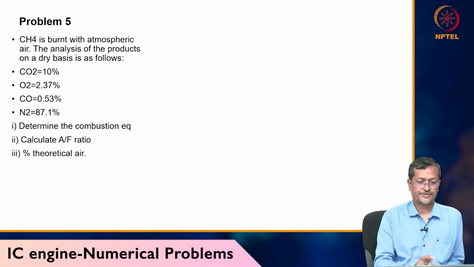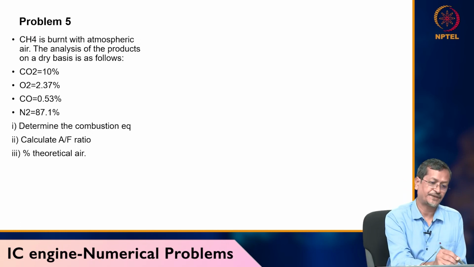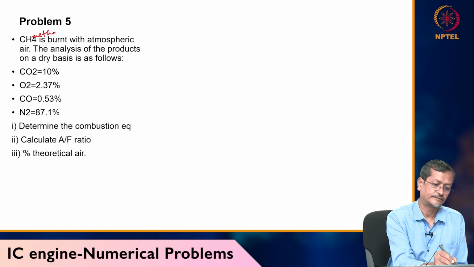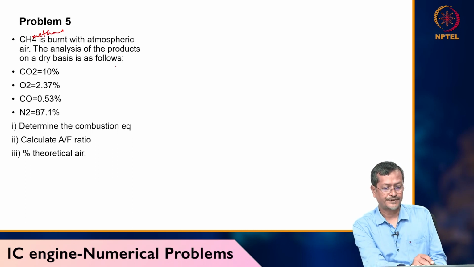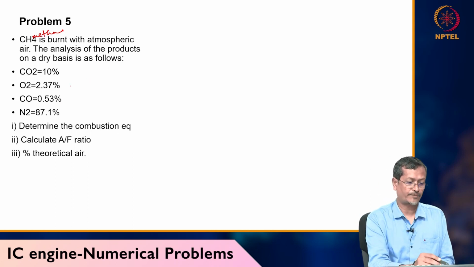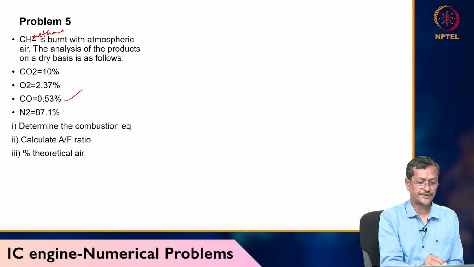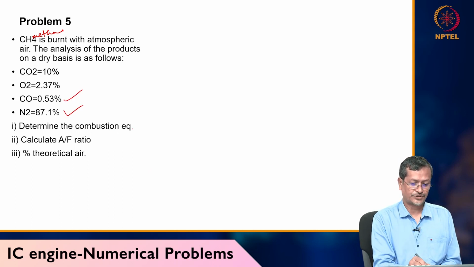Now, another problem: CH4, methane, is burnt with atmospheric air. The analysis of the product on a dry basis is as follows: carbon dioxide 10%, oxygen 2.37%, carbon monoxide 0.53%, nitrogen 87.1%. You have to determine the combustion equation, air fuel ratio and theoretical air.